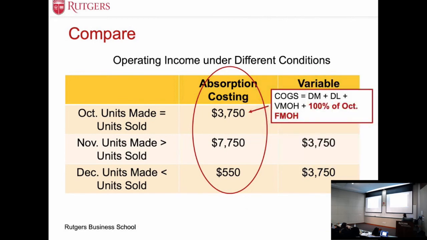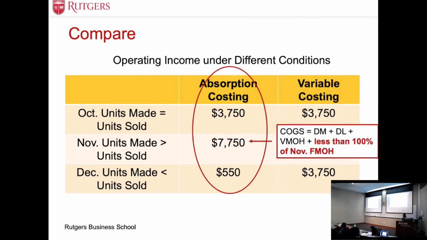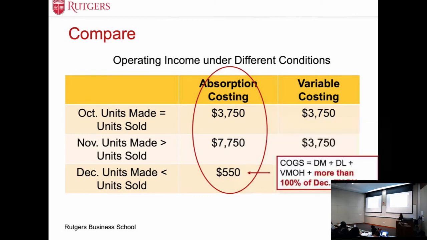And also, I want to mention that we talked about the fact that part of the fixed overhead is being capitalized in the ending balance when we make more than we sell. What about when we make less than we sold?